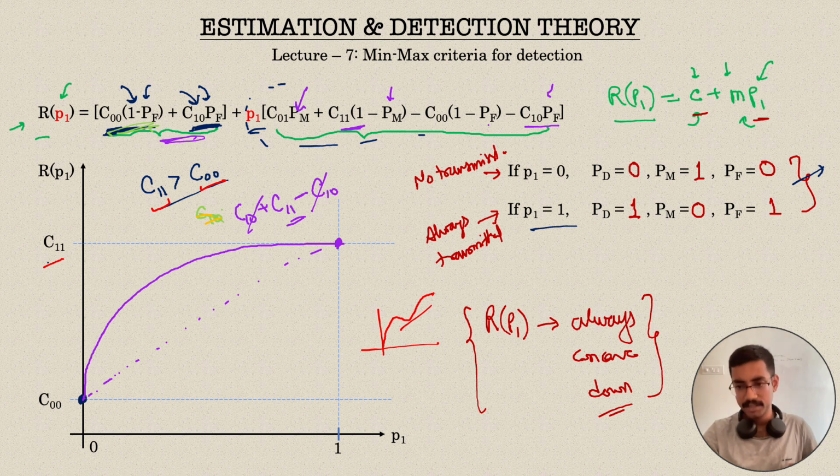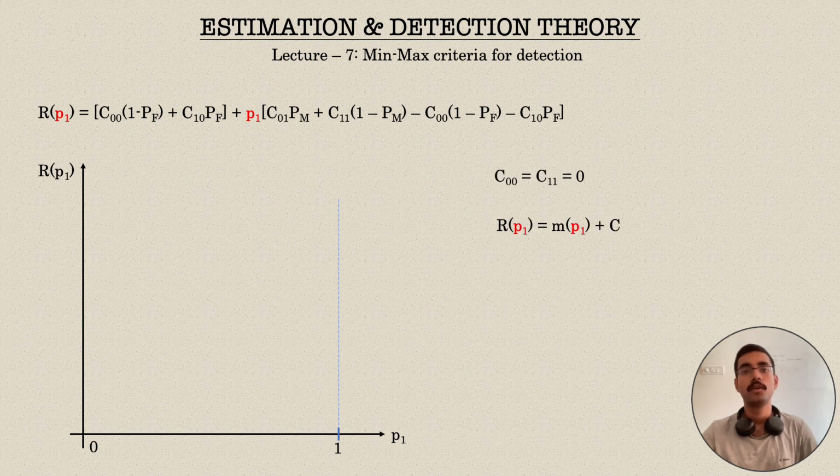So for example, in the next scenario, we are trying to manage it a little bit. We are trying to make it a little more realistic. This was an extreme case, like whatever you assume C1 to be, it will always be concave down like this. Now we have this particular scenario.